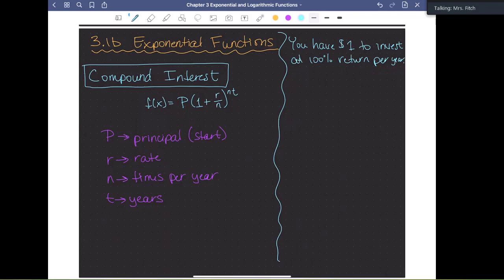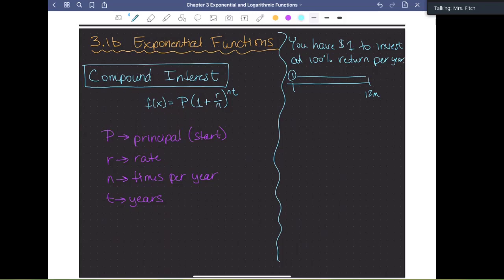So if I put $1 into the bank and I wanted it to stay in there for 12 months, for 1 year, I'm putting in $1 to start with, because that's all the money that I have to invest. If they're only going to pay me interest once a year, I'm going to keep $1 in that account all the way until I get to 12 months.